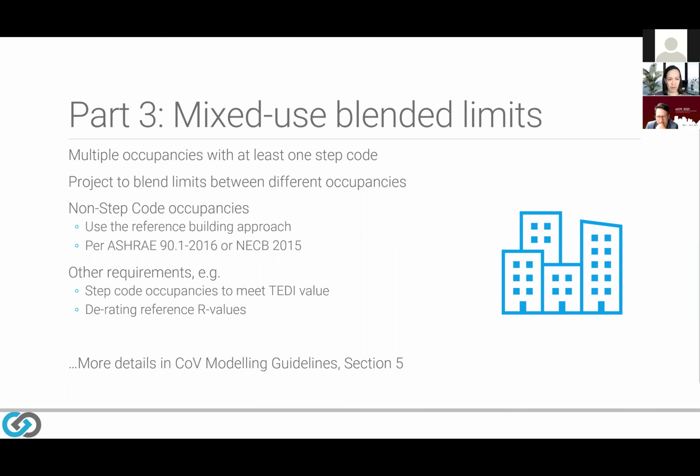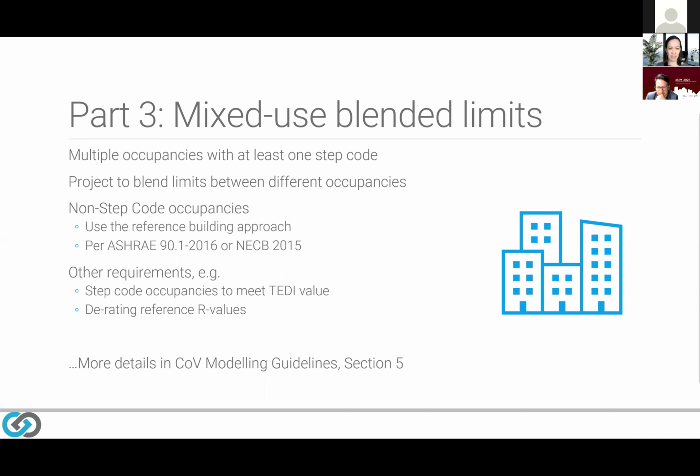There are a few other sub-requirements in there. For example, the step code occupancies need to meet the TEDI value. Like that example I gave you between the warehouse and the office, the office is likely going to have a more stringent TEDI requirement. If the warehouse had a poorer one based on that reference building, the office still needs to meet its own step code TEDI value.